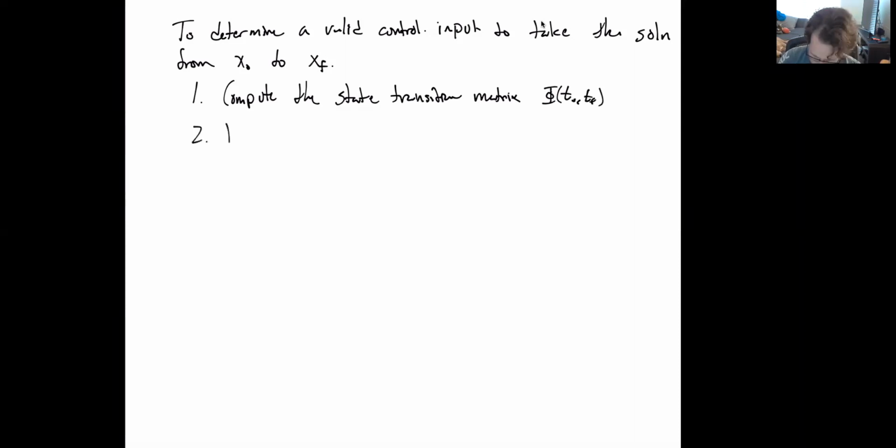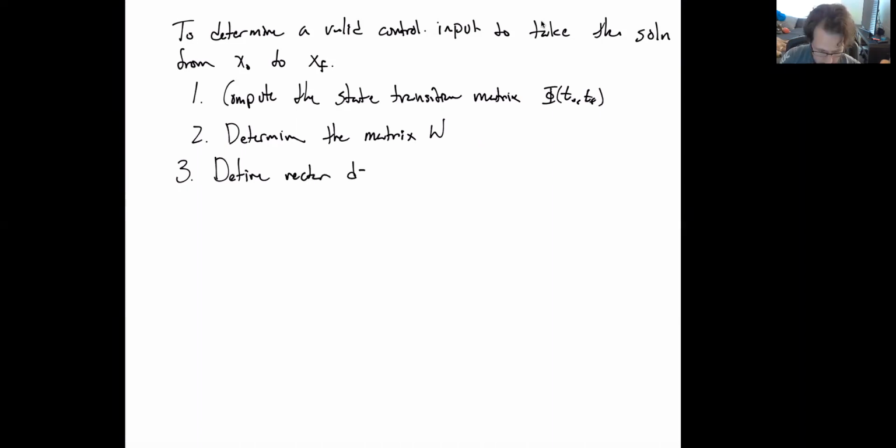Next, to determine the matrix, the controllability Gramian, by solving, determine the matrix W. Next, move that over a little bit. Okay, so next we can define this vector.